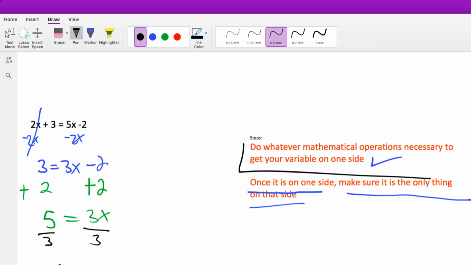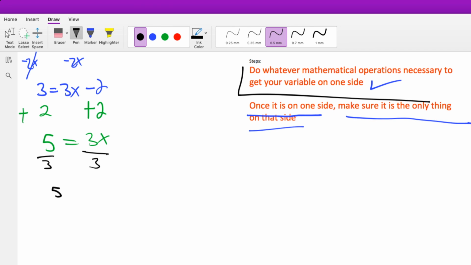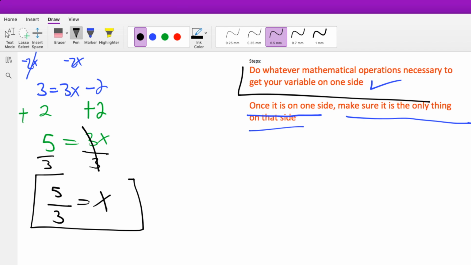And now we get 5 over 3 equals x. It's very easy. Just practice them, and I know for sure you'll understand how to do these problems.